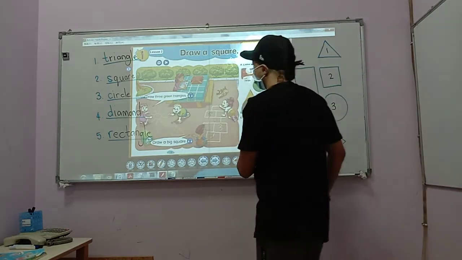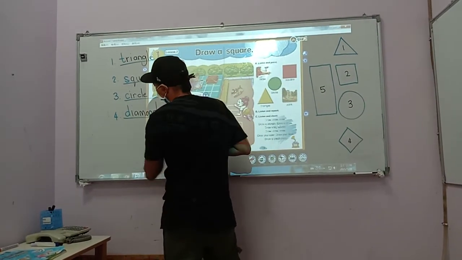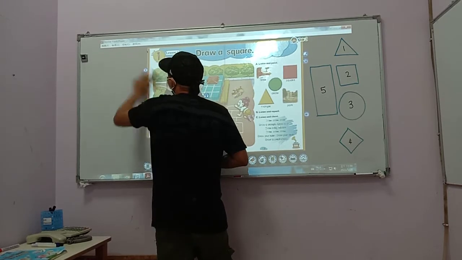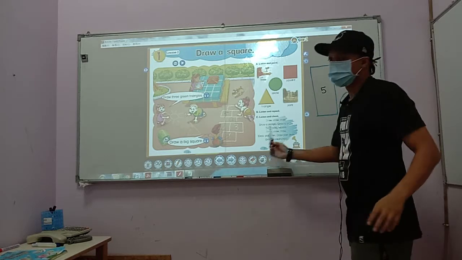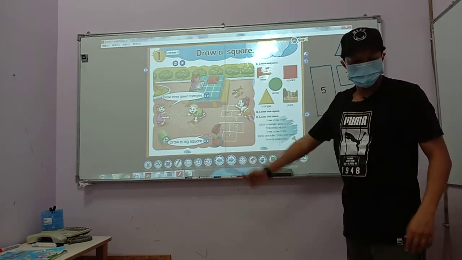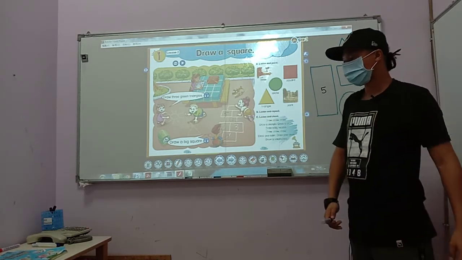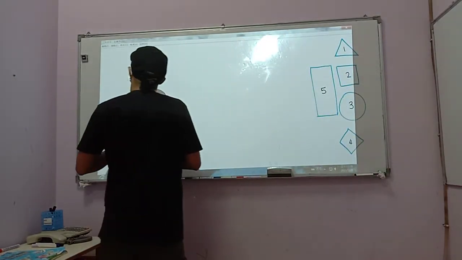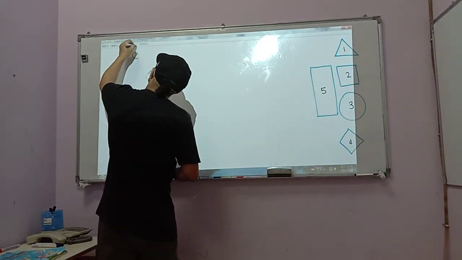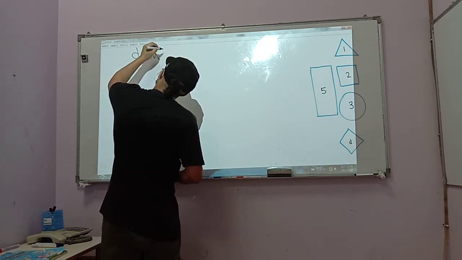Let's have a look at the actual vocabulary words that we have today. Okay, so can we please have the notepad up again? Thank you. All right, so the first one is to draw.